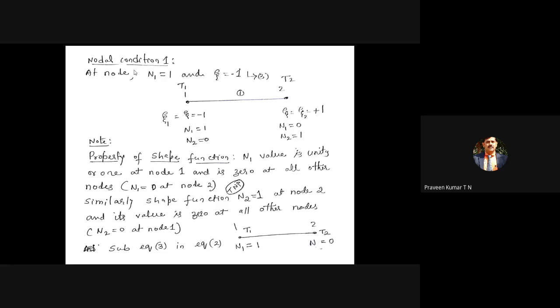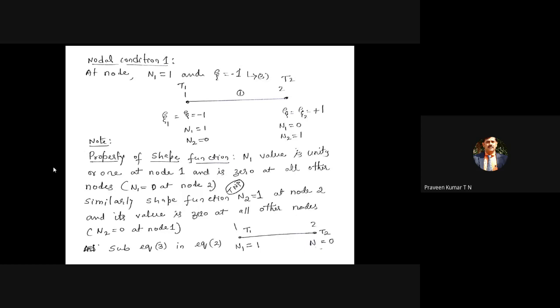So you are deriving the shape function N1. Its value is 1 at node 1, and the same N1 value is 0 at all other nodes. In our case, the N1 value at node 2 is 0. That is the property of the shape function.